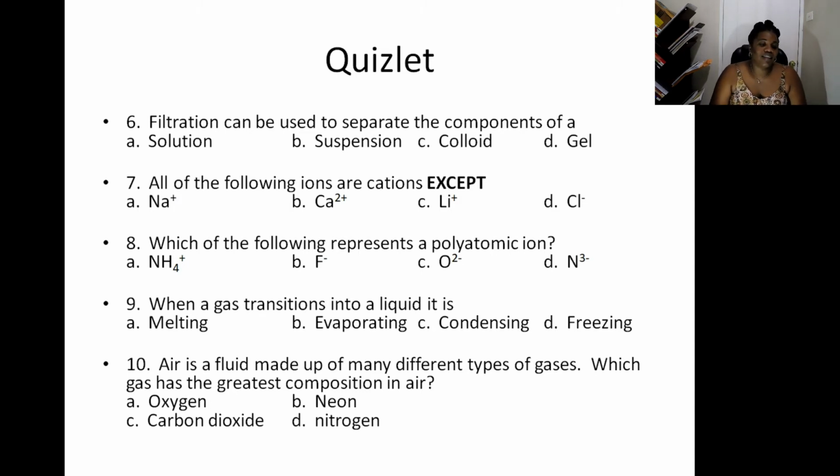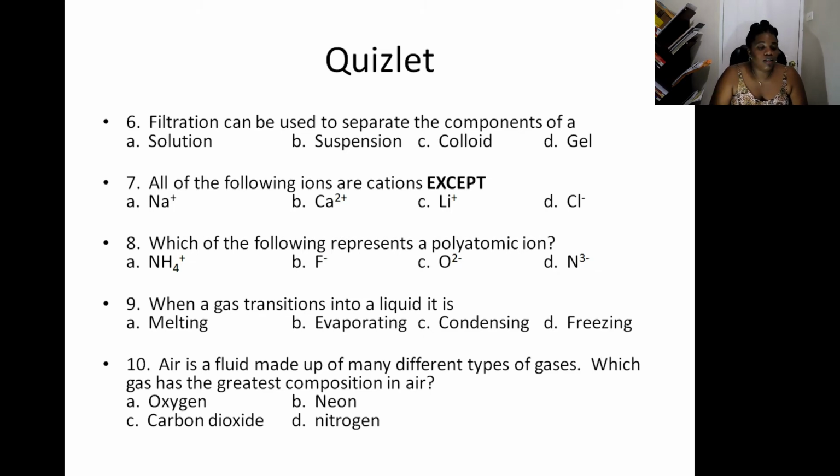Alright, so 8. Which of the following represents a polyatomic ion? This didn't use the word except, but as you can see, all are the same except one. And you could just pick out the one that stands out again.